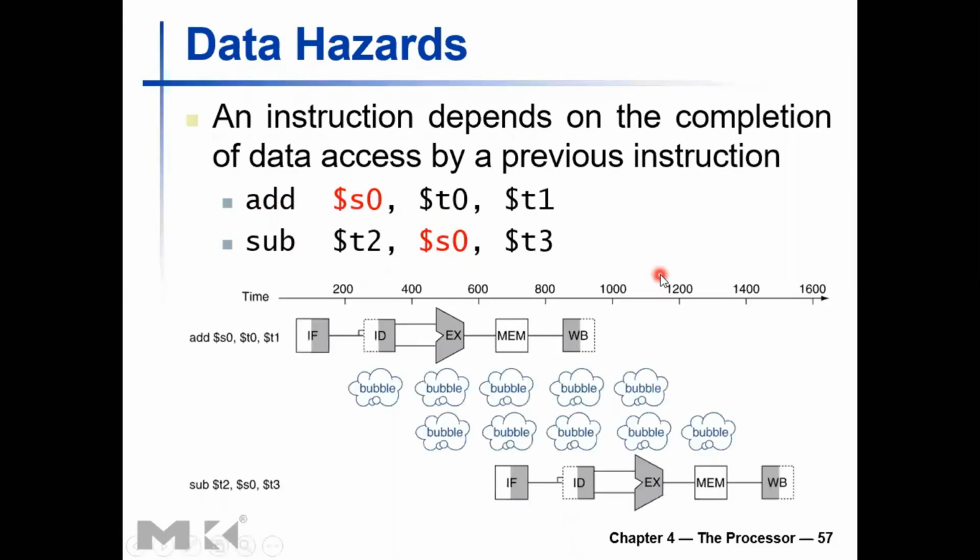Let's see how these are executed in our pipeline. This add instruction is fetched in one clock cycle. Next clock cycle, we decode: first the opcode, then the register numbers, and do register reading. We read these two register values from the register file and go into the execution stage. In the ALU, we add the two operands together and come up with the result.